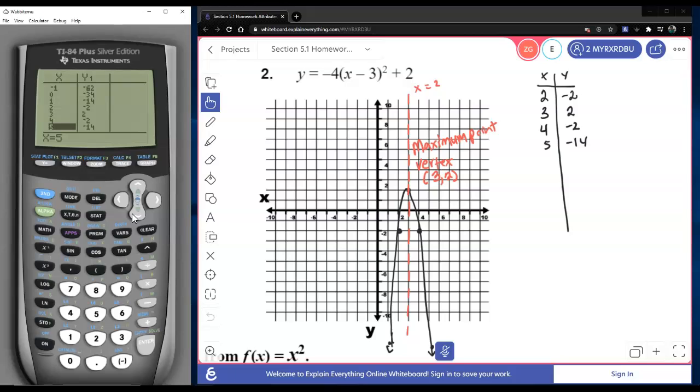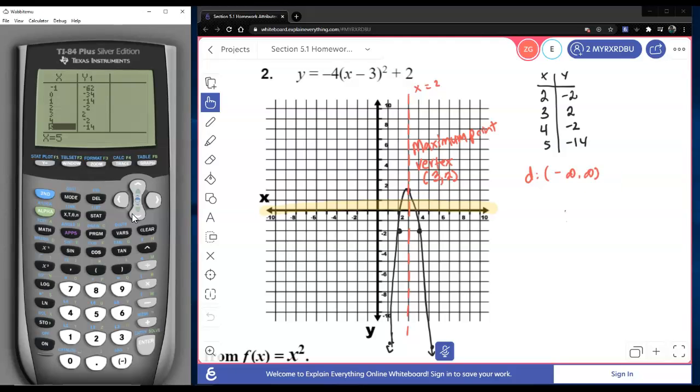Okay. Let me erase this here. Domain. We know that we start at the lowest x value, and then we approach the highest x value. So in this case, the domain is going to be -infinity to +infinity.